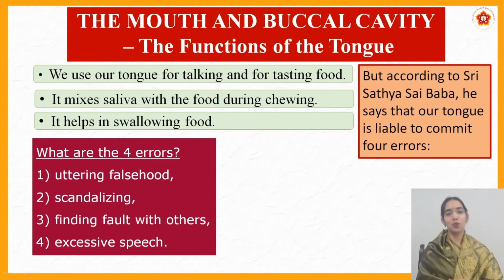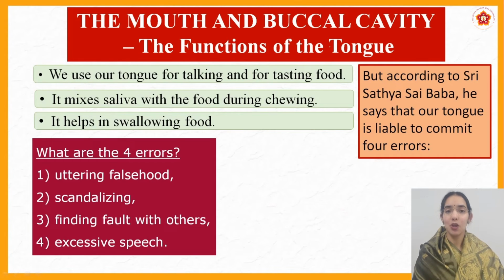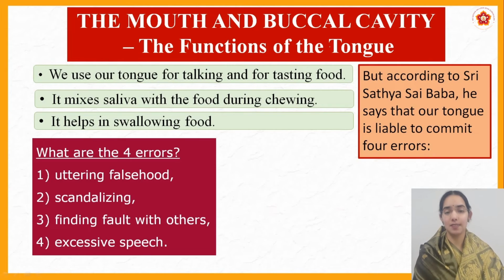And what should we use our tongue to do? We should use our tongue to speak only necessary things, for tasting food, then to mix our food with saliva and to swallow food. These are the things that we should use our tongue for, and not for speaking lies, gossiping, and finding faults in others, and speaking excessively.